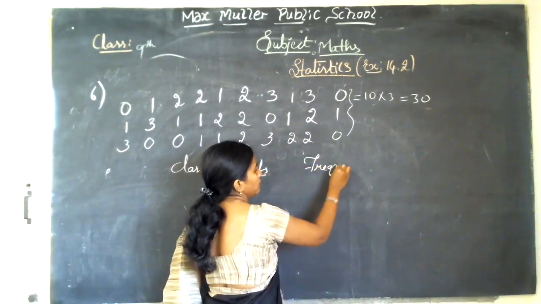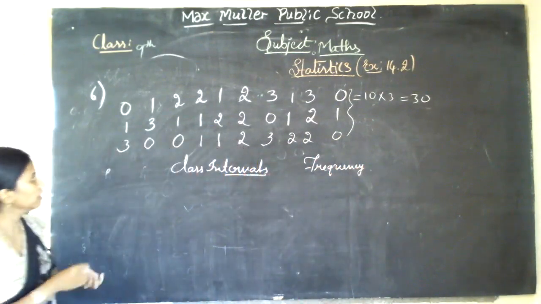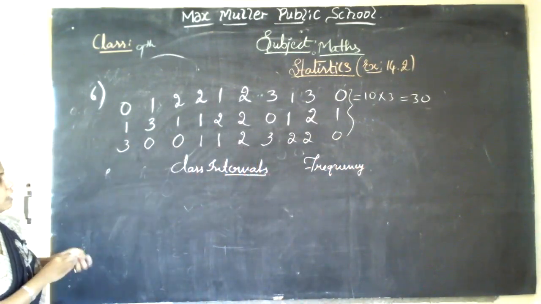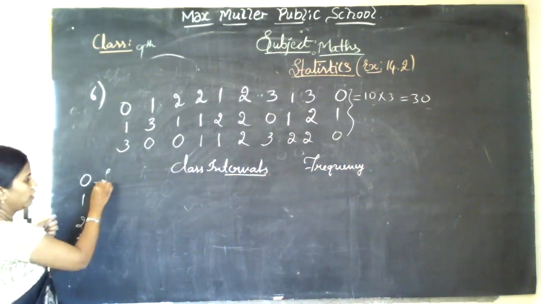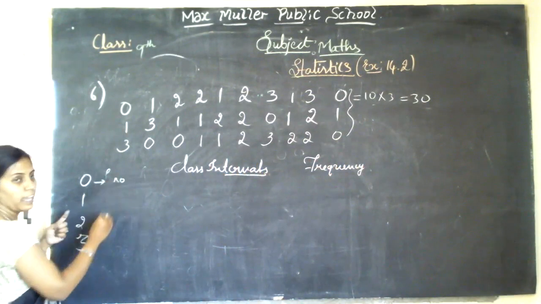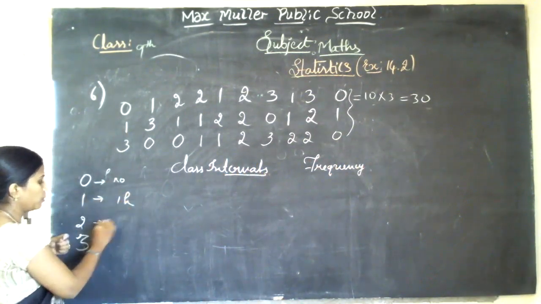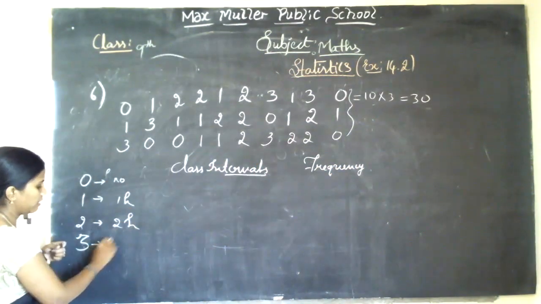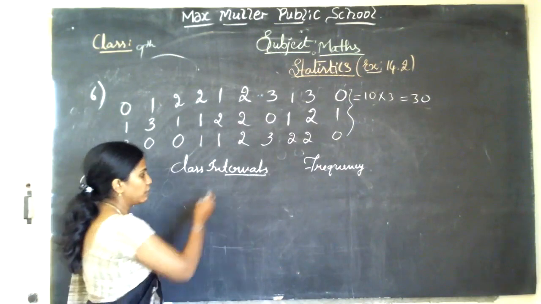How will you write the class interval for this? As I told you, when you observe the numbers, you have only 0, 1, 2, 3. That means no heads, only one head, 2 heads, and 3 heads. For these we have to write the class intervals.